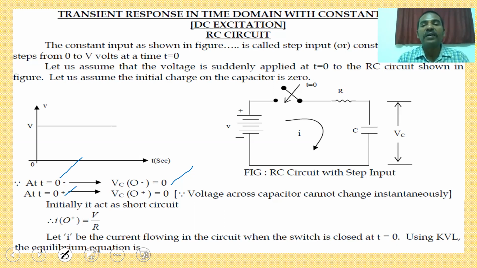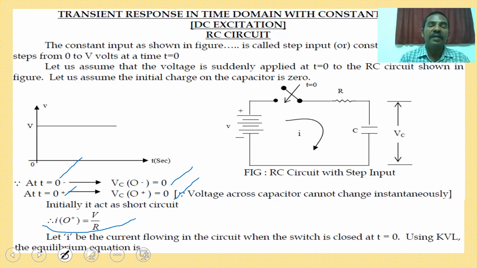Then what is the voltage drop across the capacitor? So Vc of 0 plus is also 0. Under that condition, the initial current I of 0 plus, with only the resistance and voltage connected in series, is V divided by R at t is equal to 0 plus condition.